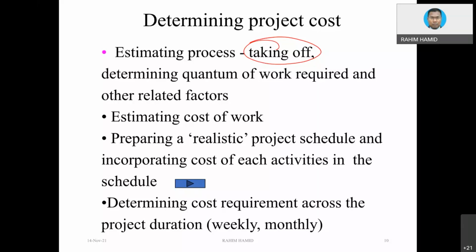And then preparing a realistic project schedule. Okay, project schedule, we already have the overall cost of the project. That will be one thing. But then we split it into the activities. When we split into the activities, then only can we see what the cost would be in accordance to the time scale that we choose.